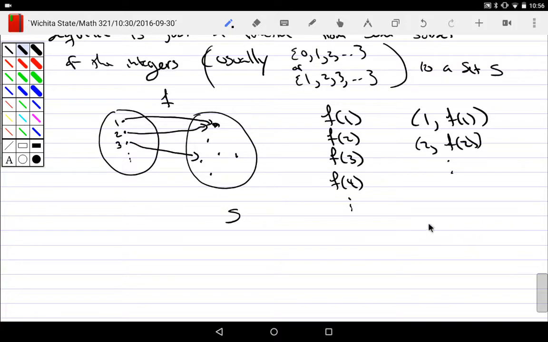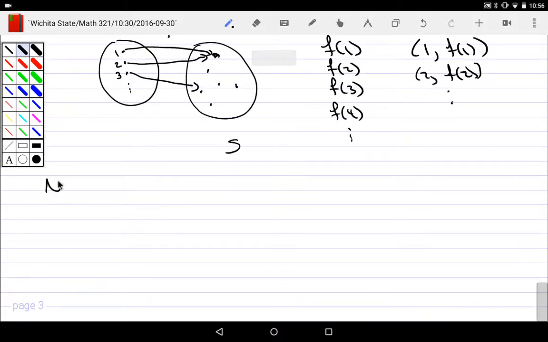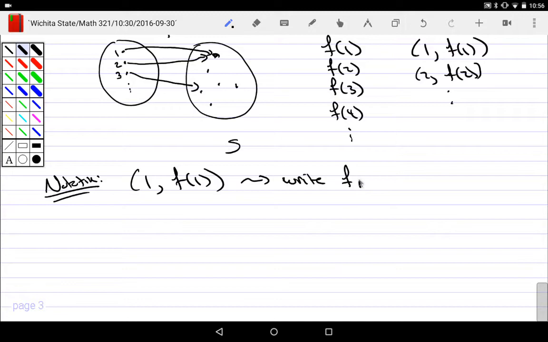And if we just write the images in terms of notation, normally what we do is say, okay, fine. 1 has been mapped to f of 1. We would just simply rather write f sub 1. What does that mean? 1 has gone to this f sub 1, whatever it is.